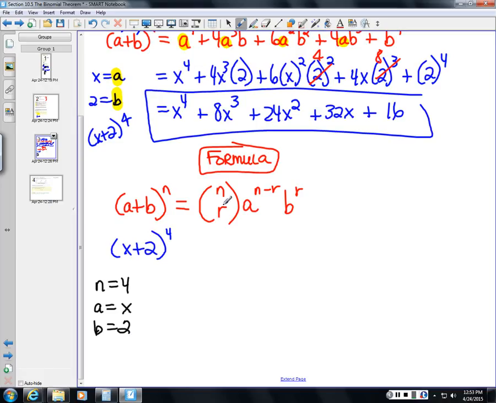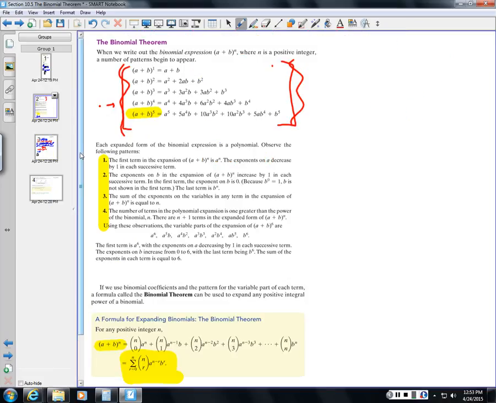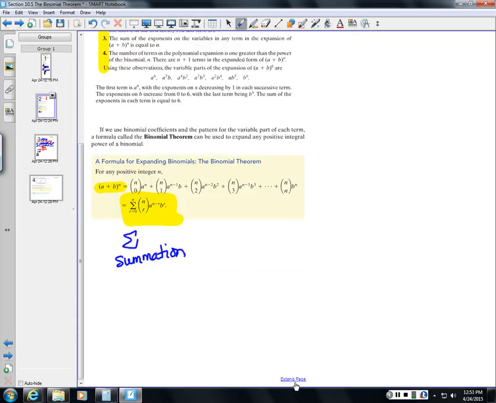Now, where the r comes in, and how this r works, is, like I said earlier, it's sometimes easier to look at the problem and then understand how the formula is working. If you look at the r, it starts at 0, 1, 2, 3, and it goes on for however many n's that you have.